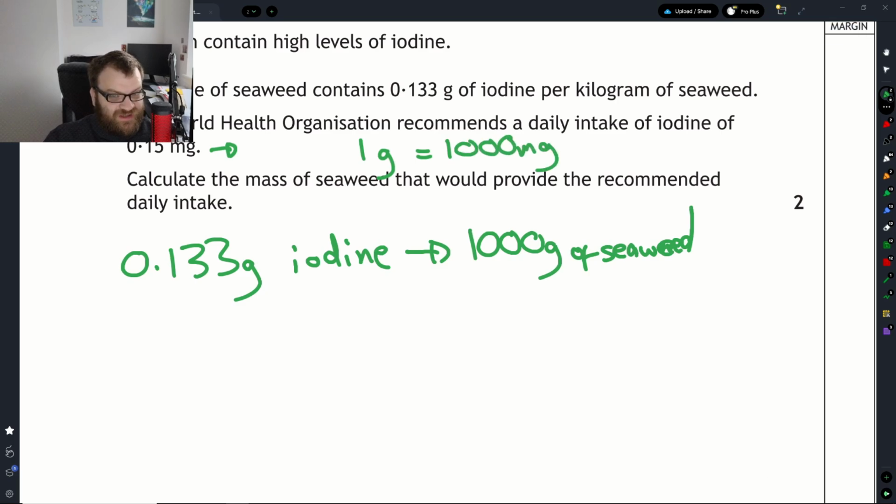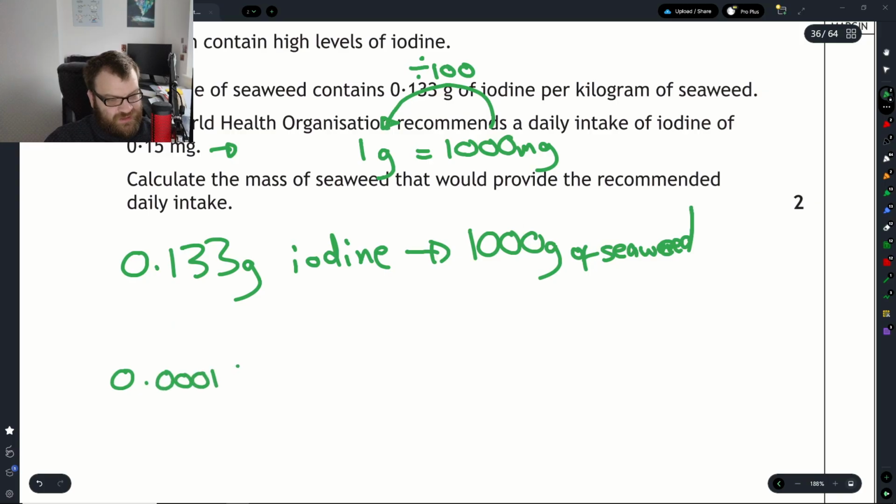We are starting at milligrams, and I'm going to turn it into grams. What I need to do is divide it by 1,000. So instead of 0.15, I'm going to end up with 0.00015 grams. We try to work out how much seaweed would contain that much iodine.